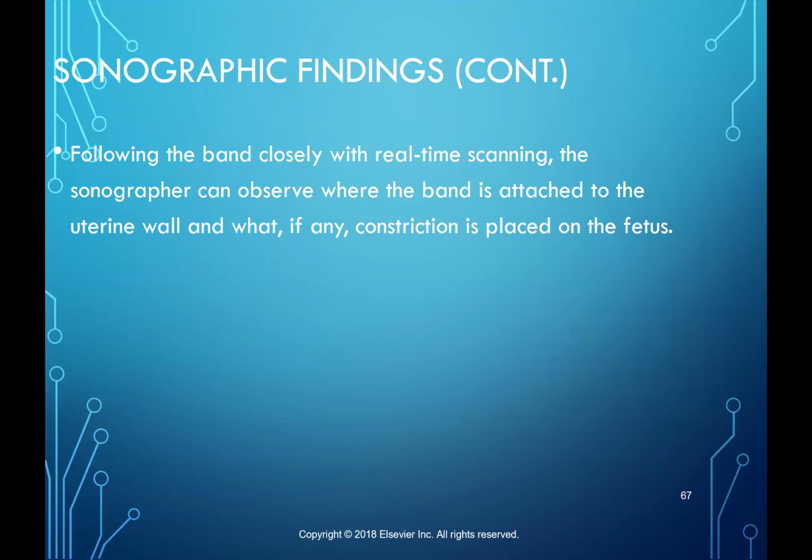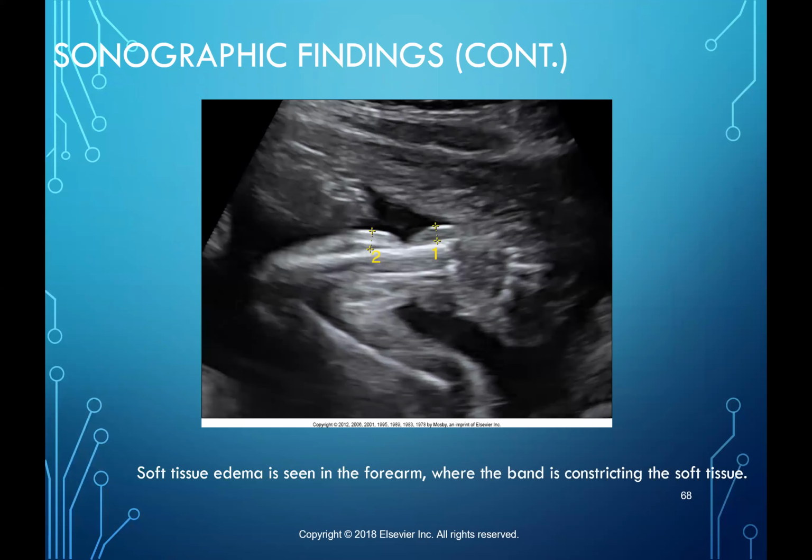Following the band closely with real-time scanning, the sonographer can observe where the band is attached to the uterine wall and what, if any, constriction is placed on the fetus. Here is one, you can see the indent here of the skin. There's an amniotic band that is connected to the arm.